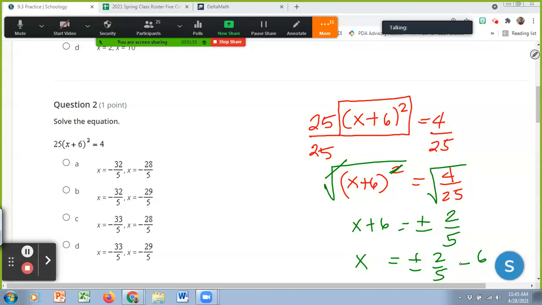Okay. Yeah, but we don't see that here. So what could have happened? What are we going to do with the 6? This has a denominator 5. 6 is over 1. So what are you going to do? What are you going to multiply 6 and 1 by?